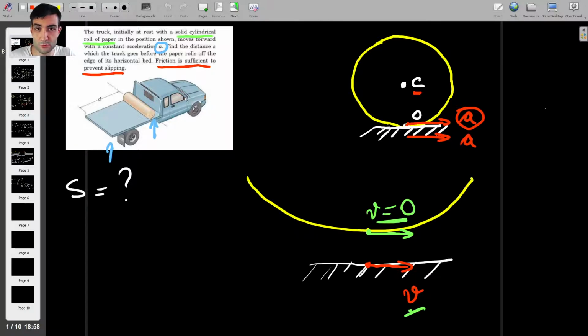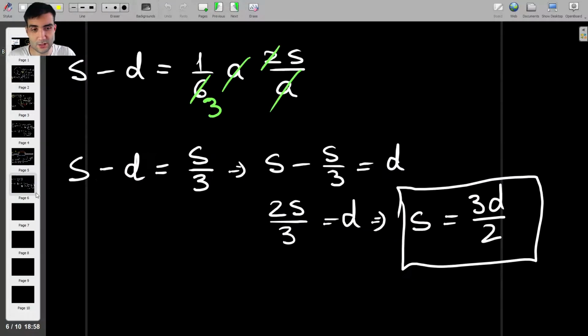And it's 1.5 times the length of that truck. The condition for that to happen is this right here. So we must have this no slip condition present. And if that happens, it turns out that this distance traveled only depends on the size of the truck, basically. So yeah, that's the problem.